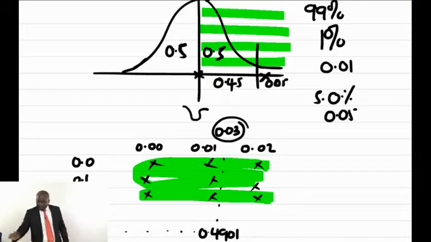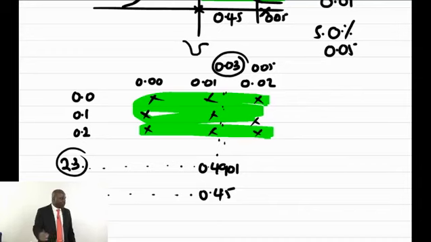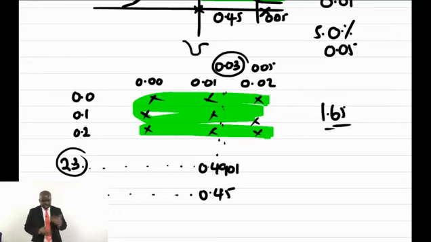So go to that place again in between. If you see 0.45 here, drag it down there, you meet the 1.6. Drag it up there, you meet 0.05. When you bring the two together, you get 1.65. So this is how they got it.